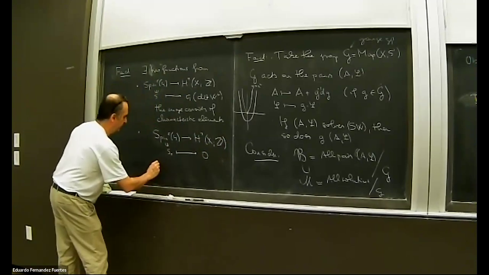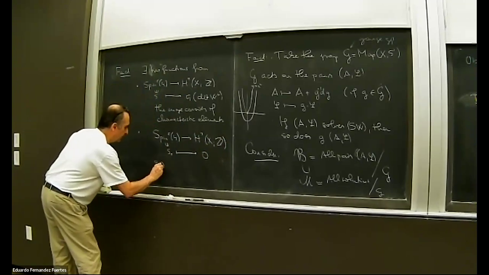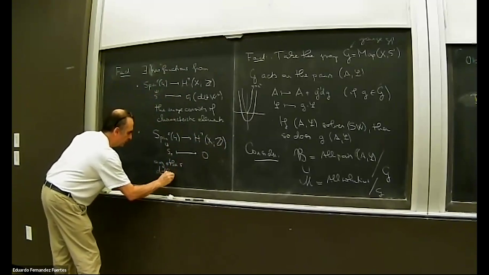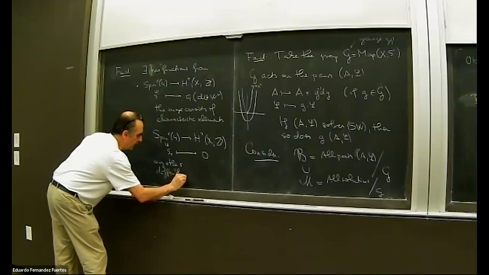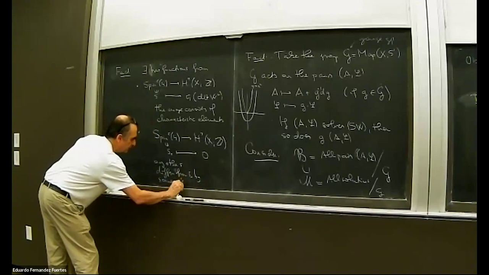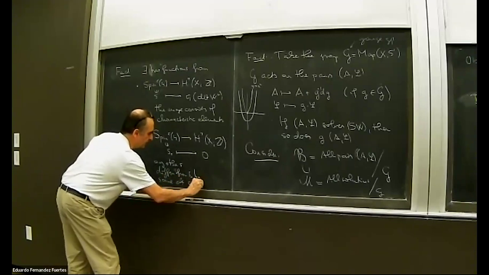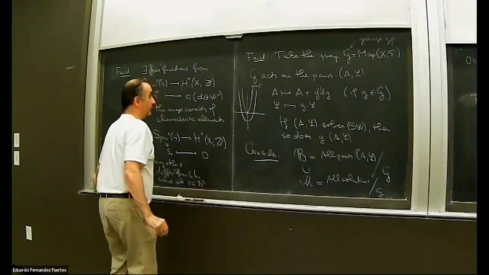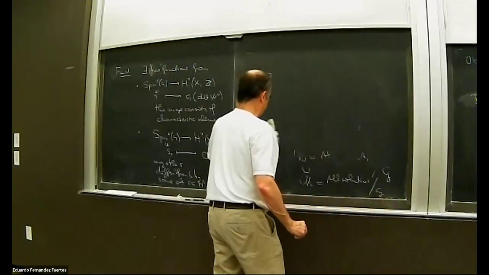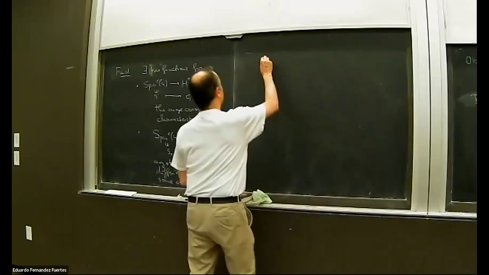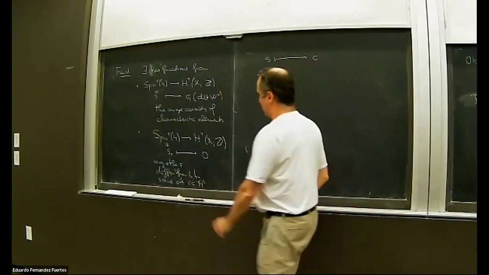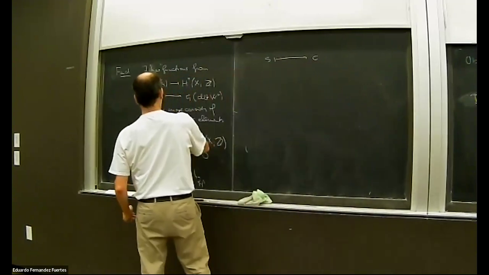And then any other S differs from S0 by some element c in the second cohomology. So send S to c. This is a very roundabout way to say something very simple, which I will say in a second. So what I want to say is that, sorry, it's X, right?